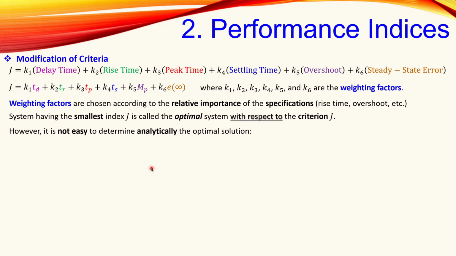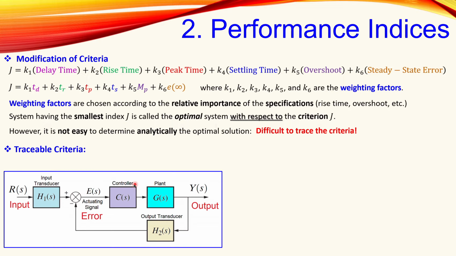However, this is not that easy to determine analytically, and it could also be a really lengthy process. So for these optimal solutions, we have a very difficult process and it is difficult to trace the criteria. The more traceable criteria we would like to use is given here in general form.